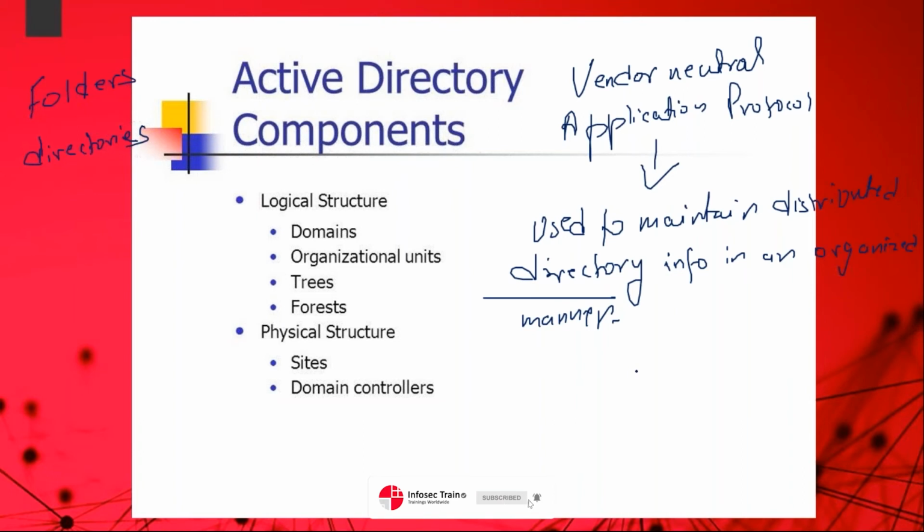As I said, in an organized manner. When we talk about a directory, you might have seen, in our childhood, 10, 15 or 20 years back, there were telephone directories which had all the phone numbers related to police stations and many other places. Those were called telephone directories. Why didn't we call them telephone folders?